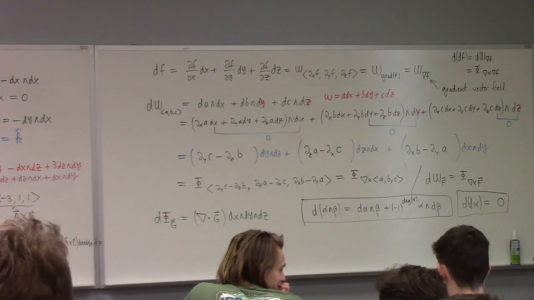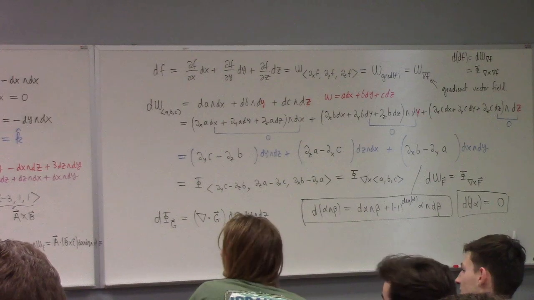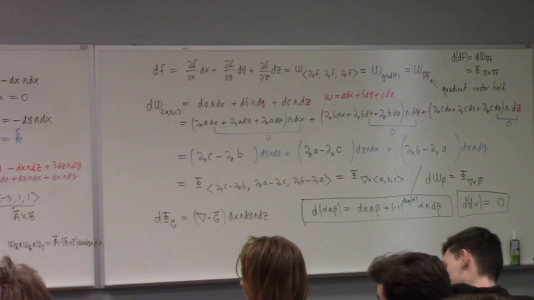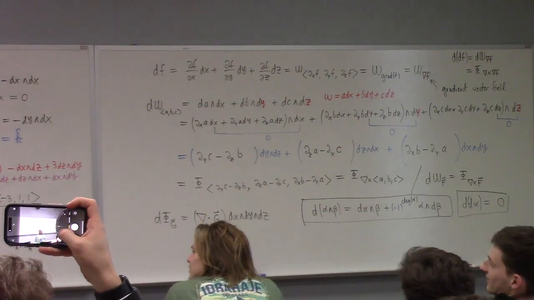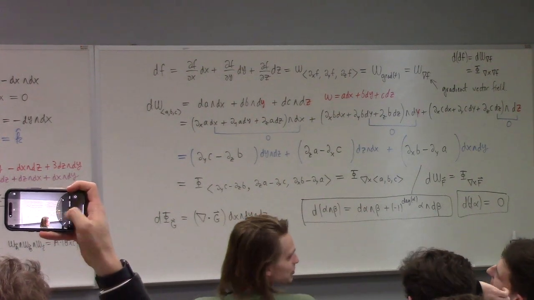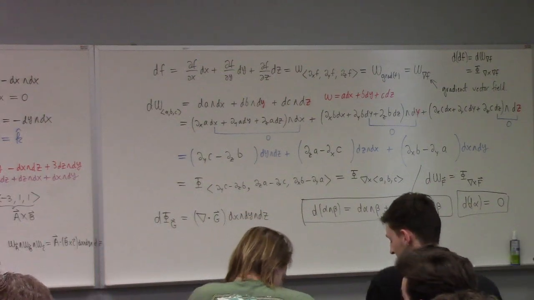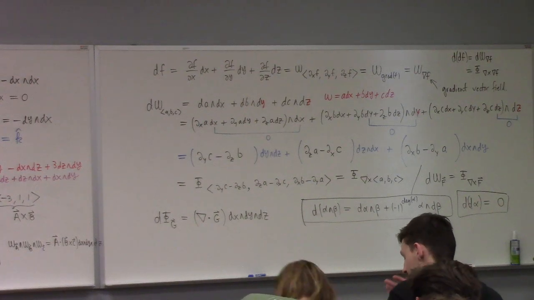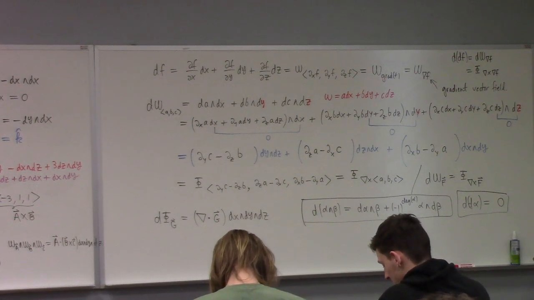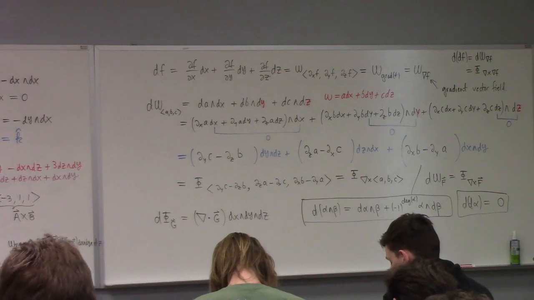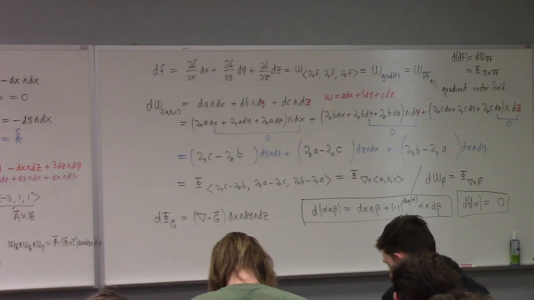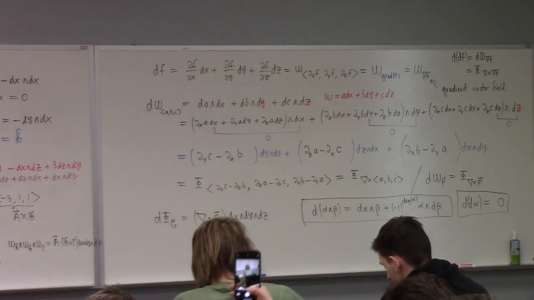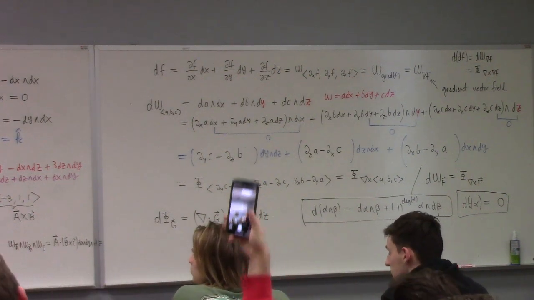So there are 2. Let's see here. I need to find a spot to write. So, definition. A differential form is closed if, let me give the differential form a name.